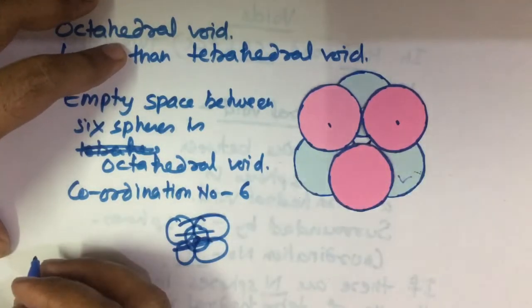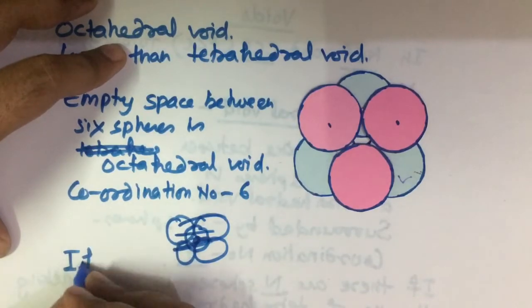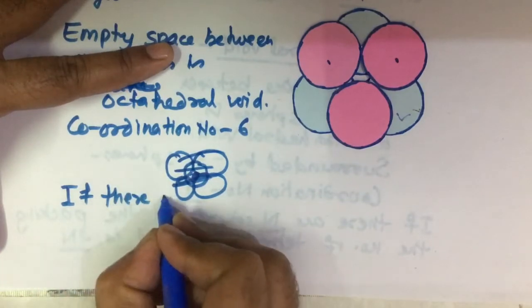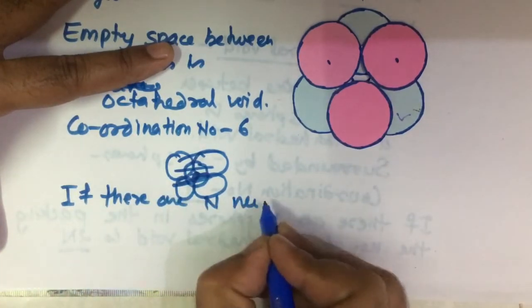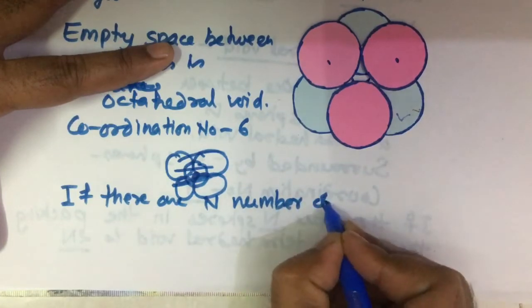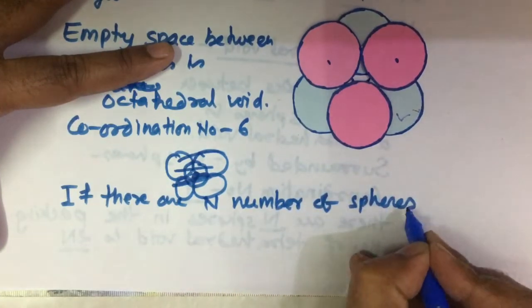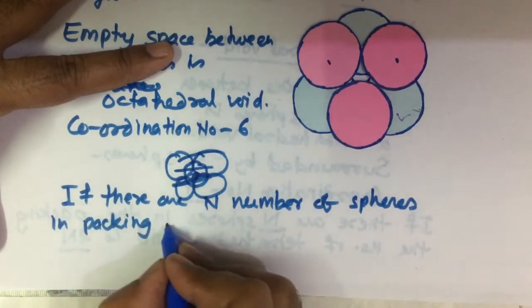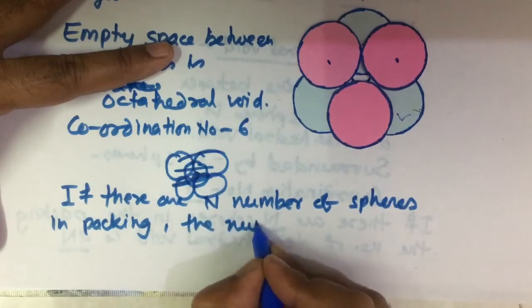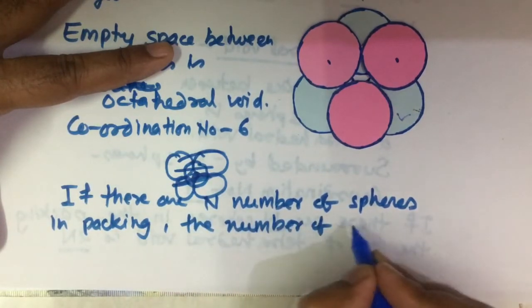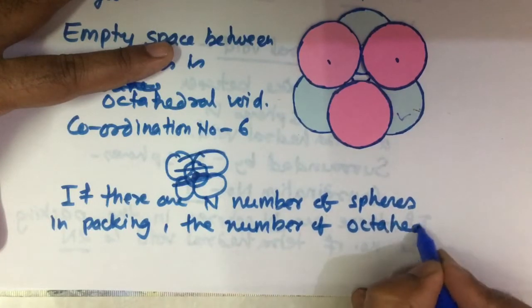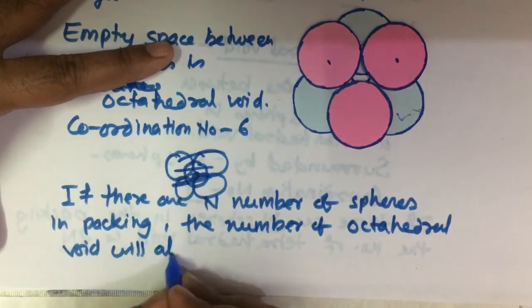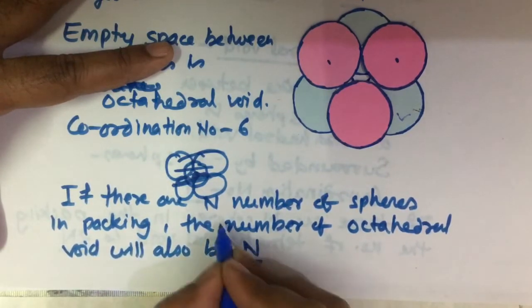Now if there are n number of spheres in packing, the number of octahedral voids will also be n.